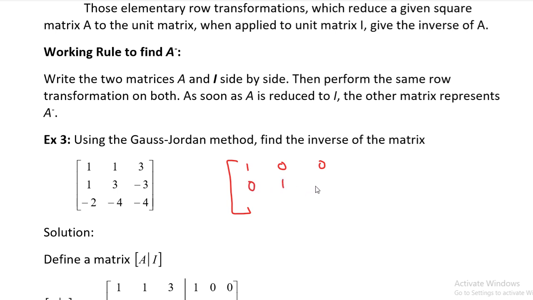So if 1 is at the top, then I have to make the below entries equal to 0. Sorry, this is 1. So this is my matrix. So 1 is there, no problem. So I need these two zeros. So it means I should make this 0 and this 0.